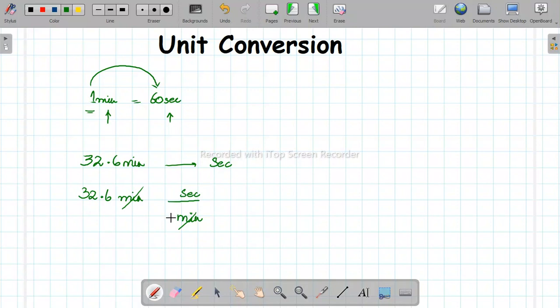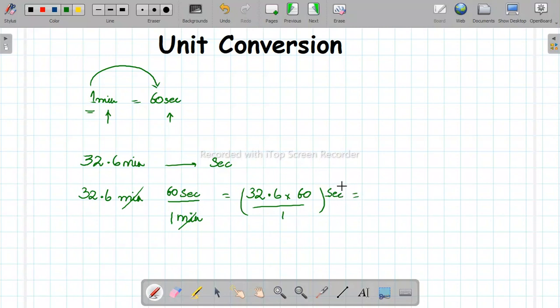Do we know? Yes, we do. 1 minute equals 60 seconds, right? What else you have to do is simple multiplication steps. Whatever values are in the numerator, multiply them and write in the numerator, and whatever is in the denominator, write in the denominator, right? And the units, we have seen, cancel out. We are left with this second only.